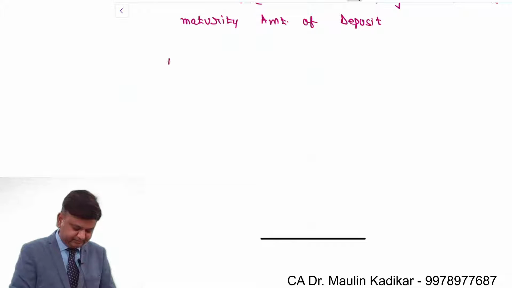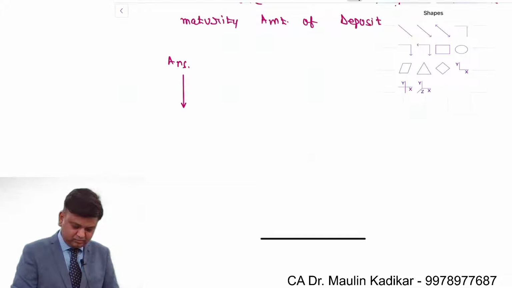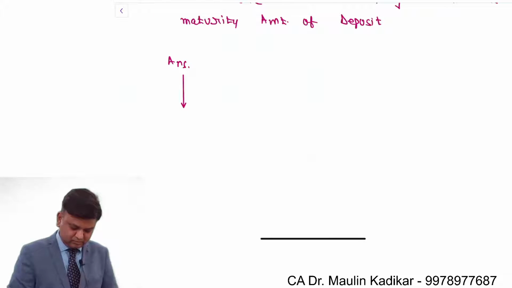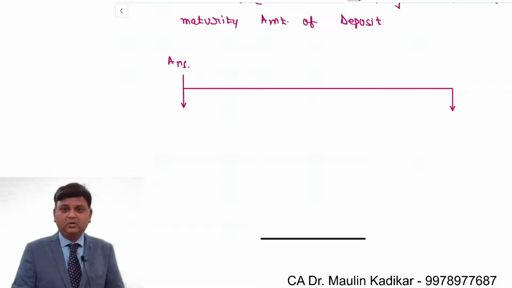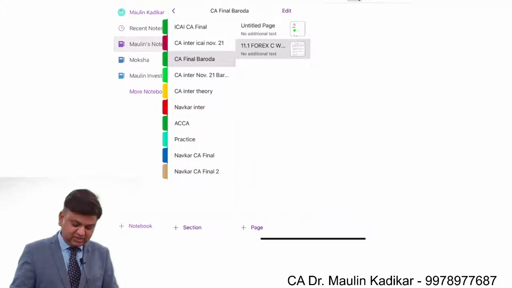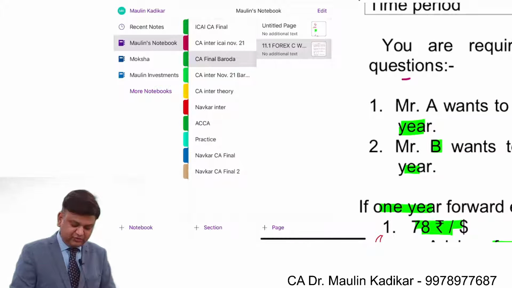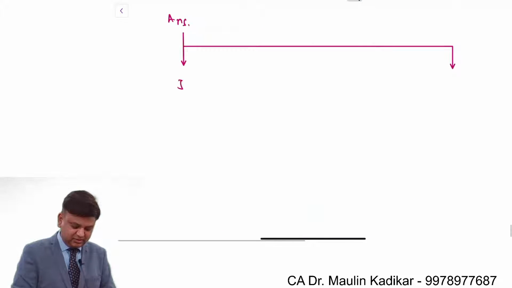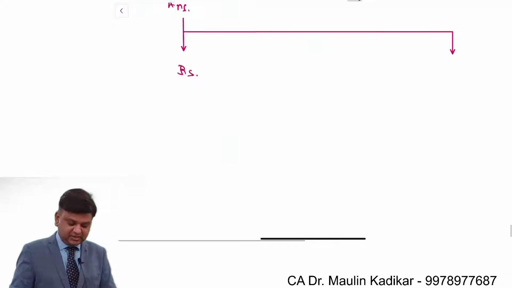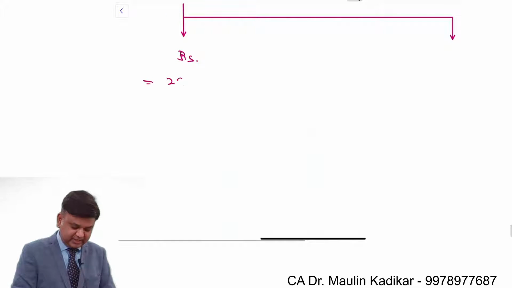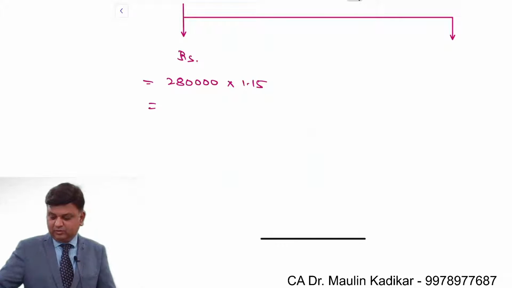Now answer. The question is providing the information that you want to borrow. So if you borrow in rupee currency, then in that case what will happen? 2,80,000 into 1.15. This is the repayment of loan.